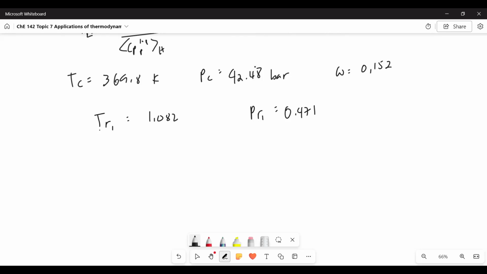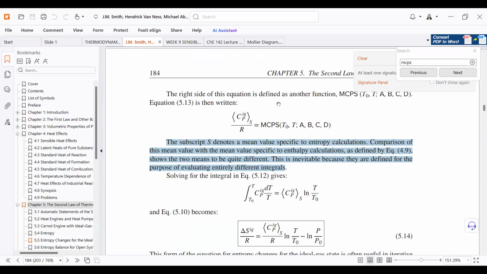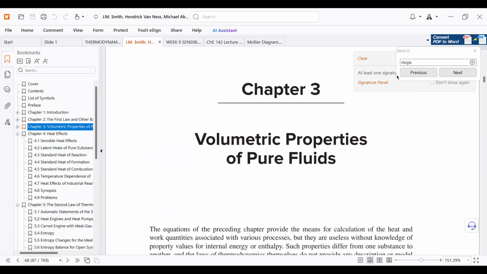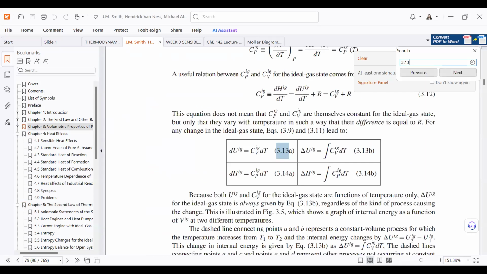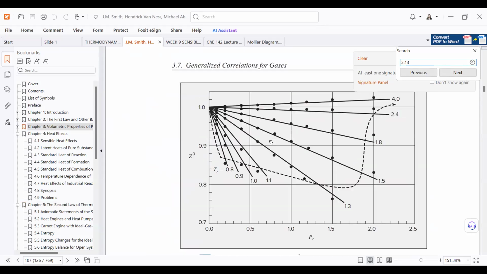Another justification on why we can use that correlation is because of figure 3.13. So let's find figure 3.13. Yeah, this one. So what is our TR?